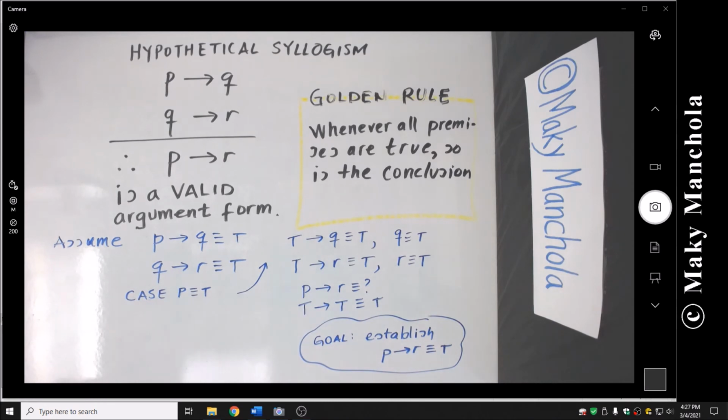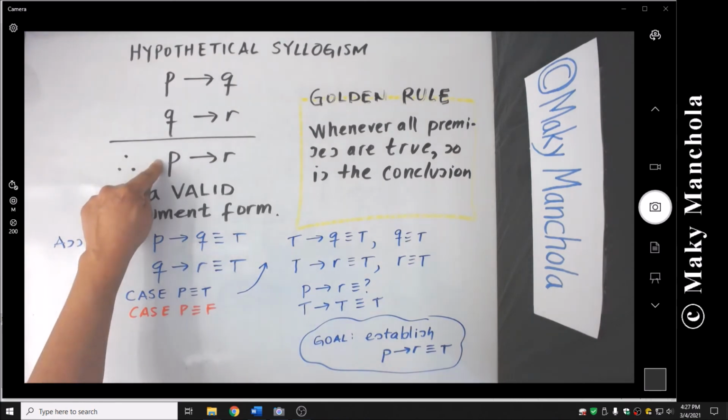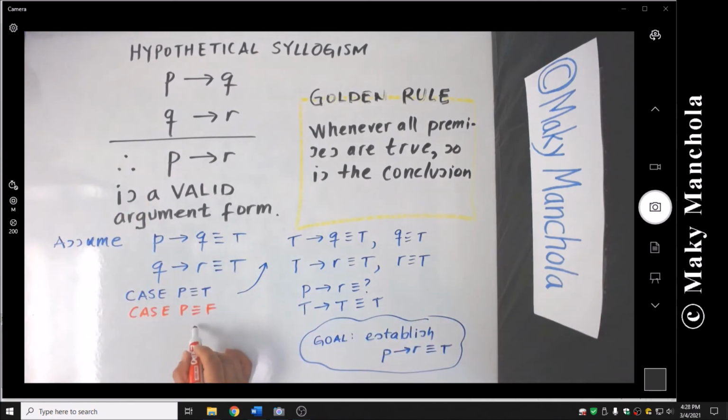Now, our other case is, what about if P is false? Case P is false. Now, that one is very simple. If I substitute P being false in the conclusion, then P implies R becomes false implies R. But we know by definition of the conditional that will end up being true, because false implies false is true, false implies true is true.